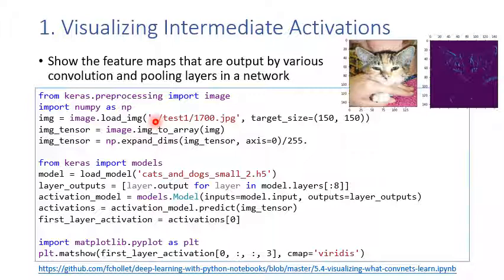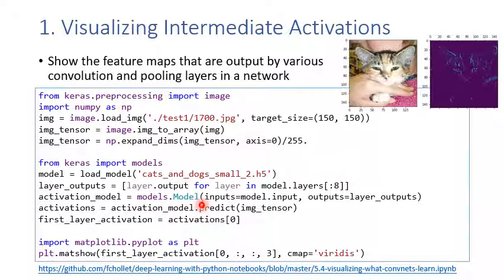Then we convert this image into a tensor and normalize it. The second step is to read the pre-trained model. Remember, we have trained a cats and dogs model using a simple convolutional neural network. Then we loop through all the outputs of all the layers and concatenate them together to make a layer outputs tensor.